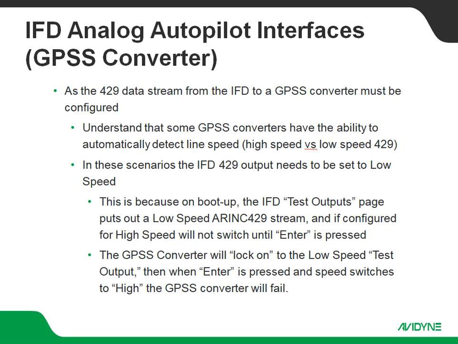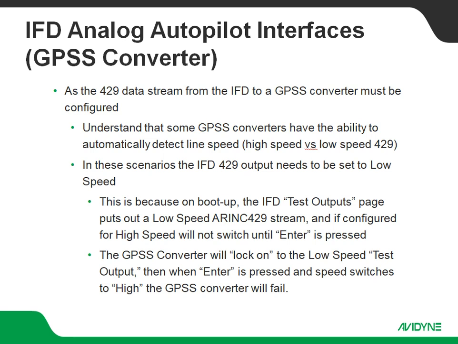With ARINC 429, you can either use low speed or high speed. There are some GPSS converters out there that will automatically detect what that line speed is on boot up. If that's the case, then the IFD should be configured for low speed only.